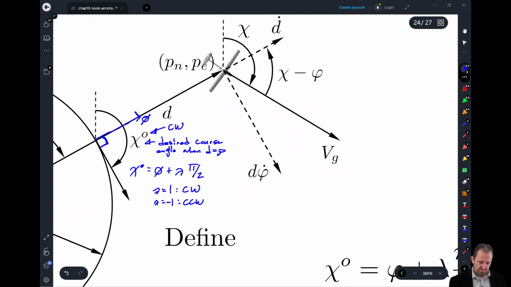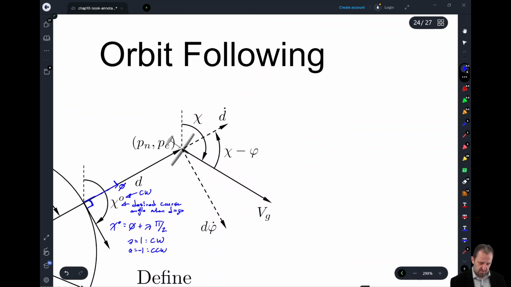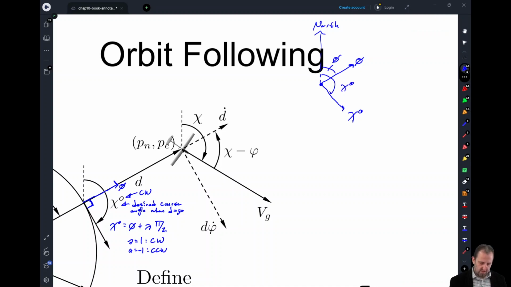Okay, but if we're really far away from the circle, say we're out here, this would be our angle phi, this would be our angle chi, all defined from north. So this is really our angle phi, this is our angle chi naught. If we're really, really far away, we actually want to move towards the circle, towards the center.